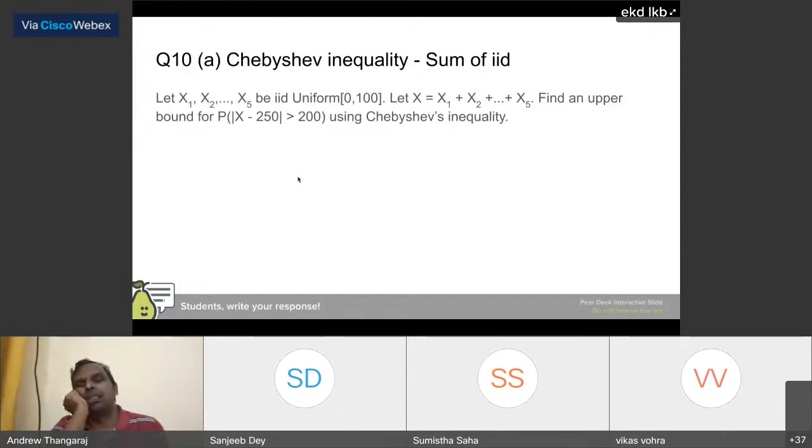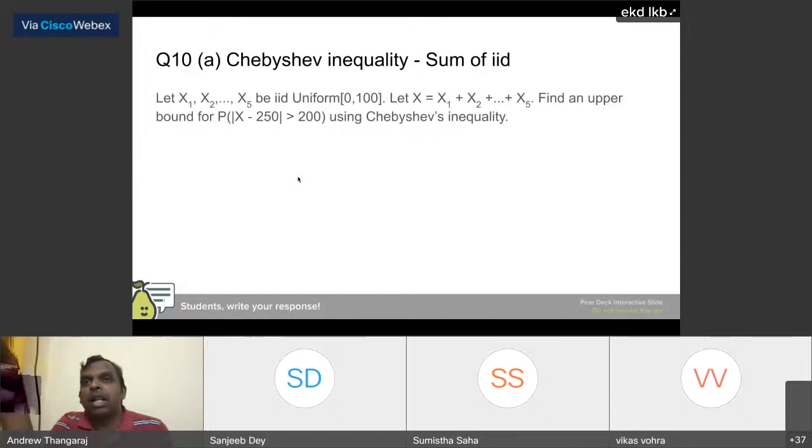If you apply Chebyshev inequality to the sample mean, you will get that soon enough in some other example. The sample mean is 1 by n times x1 plus x2 and so on till xn. So if you have that 1 by n there, some n will come. Here I'm not doing that. It's just the sum, x1 plus x2 up to x5.